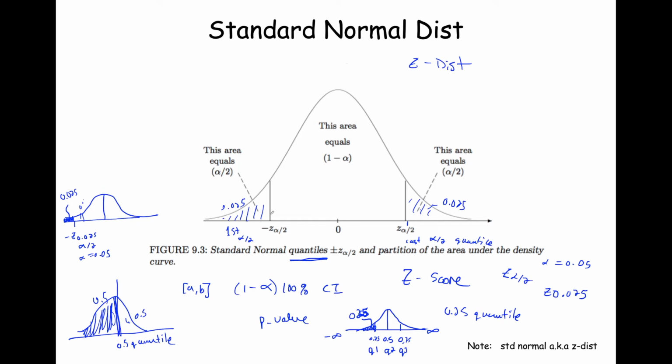So what does that mean? The area under the curve corresponding to the first alpha over 2 quantile and the area corresponding to the last alpha over 2 quantile add up: if alpha equals 0.05, it adds up to 0.05 total probability mass. Now, if the total probability mass is 1, then the region in between is going to be 1 minus alpha, which is 0.95 in the case where alpha equals 0.05. So what does that mean?